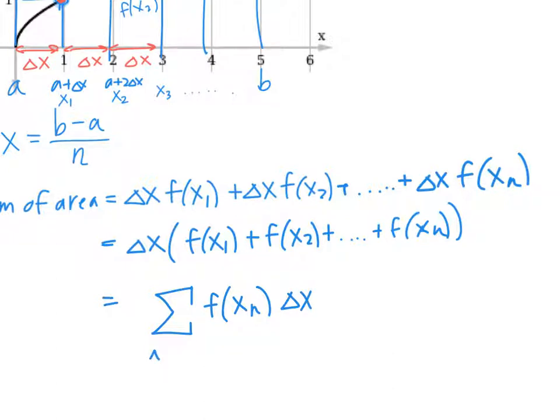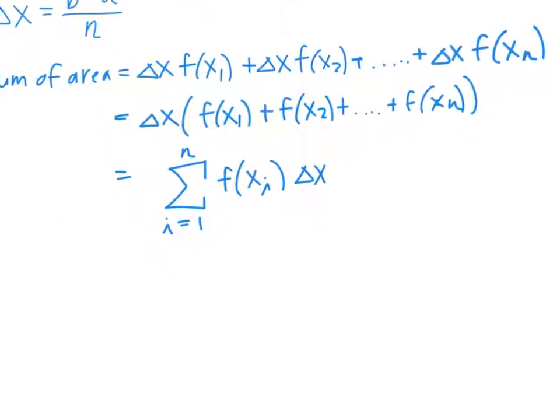And, I'm sorry, that is not an n, that is an I. And then I goes from one interval to n interval. To make this super accurate, I am going to make n go to infinity.